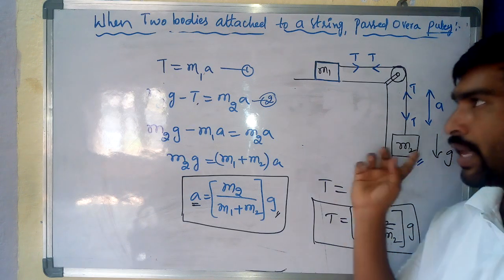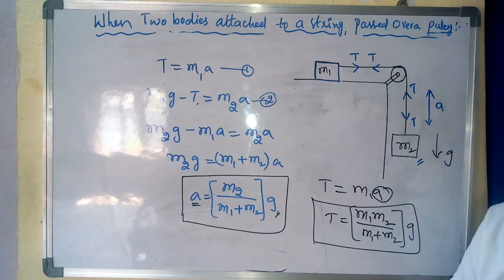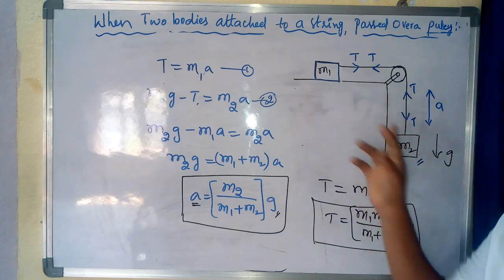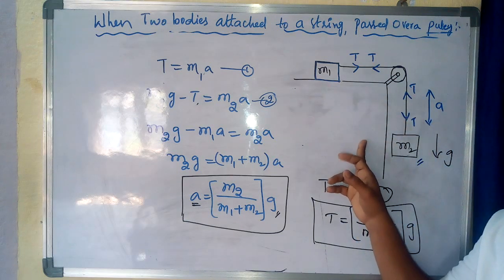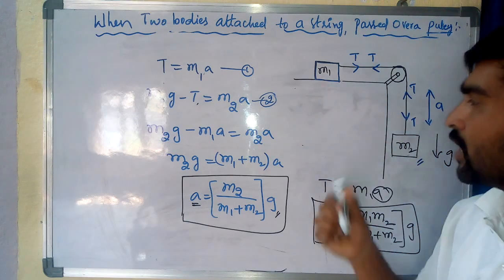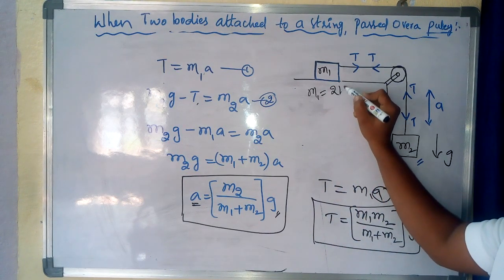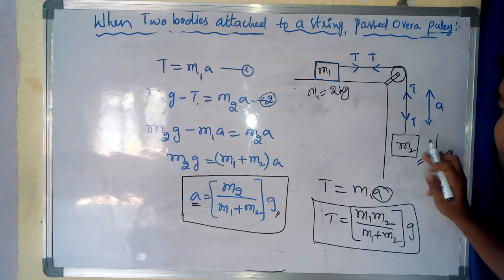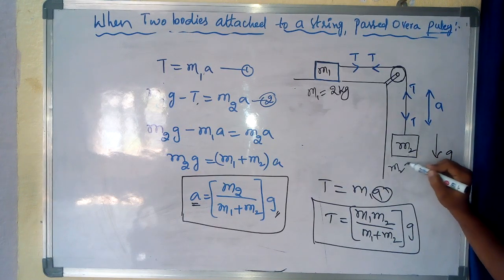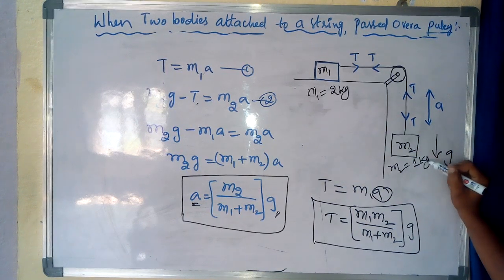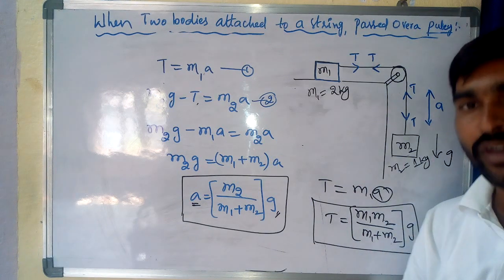For example, suppose the two body masses I am taking here are m1 equal to 2 kg and m2 equal to 1 kg. So what is the acceleration of your bodies? m1 is 2 kg and m2 is 1 kg.